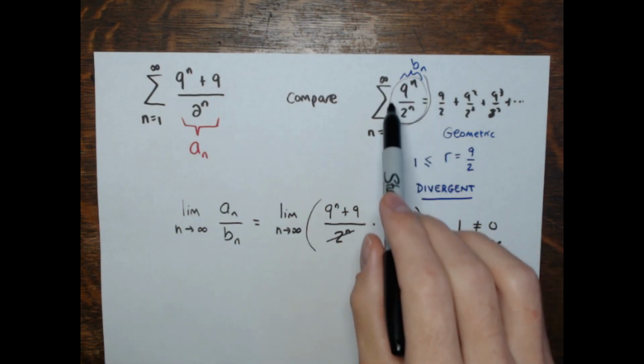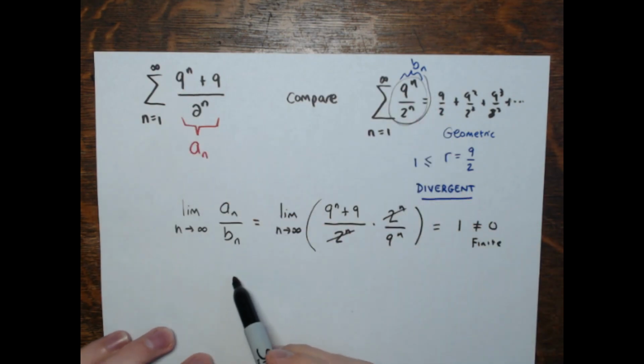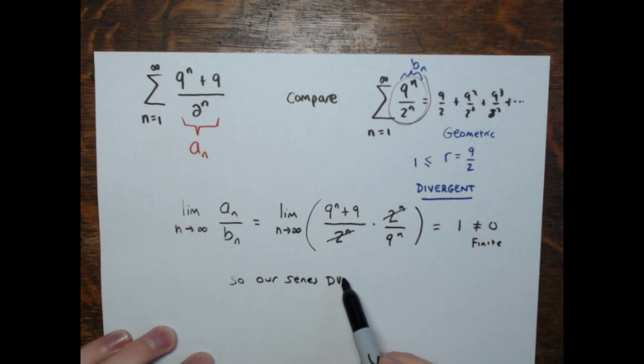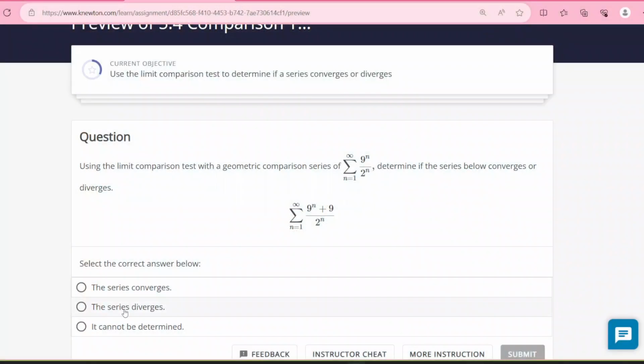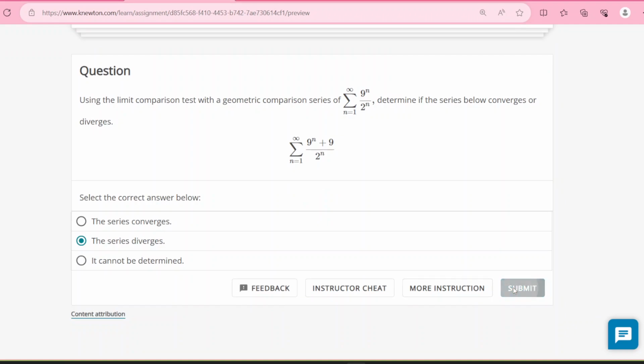And since this is divergent, our series must also diverge. So by the limit comparison test, the series diverges.